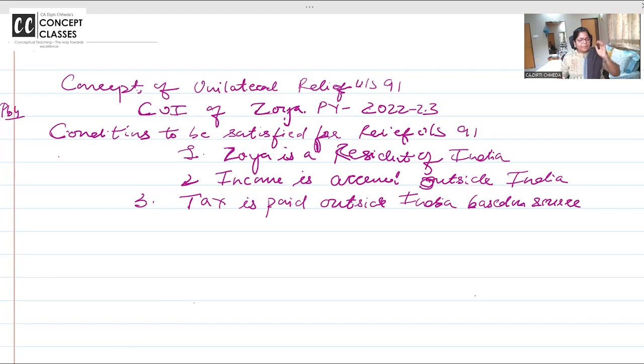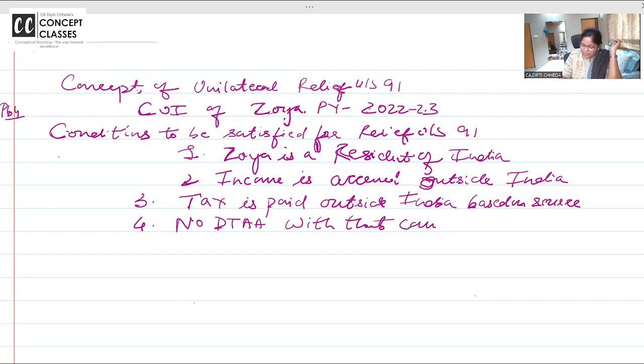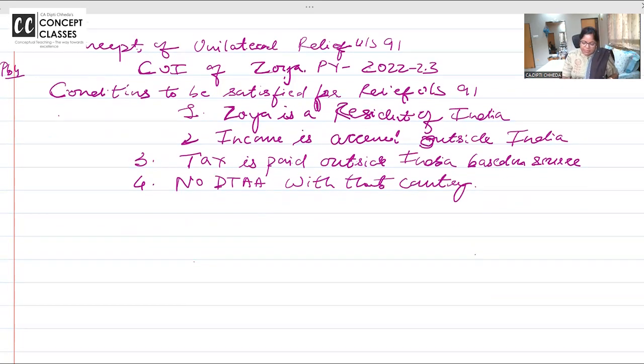Based on the source of income, you have paid the tax outside India. Okay. No DTAA with that country. So if he is satisfying all these conditions, then he is eligible for relief.